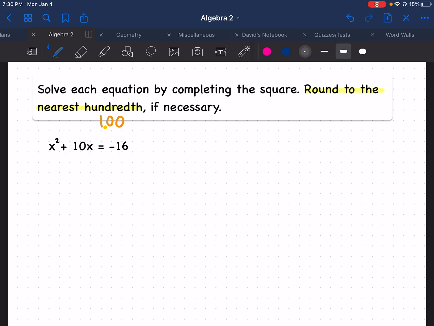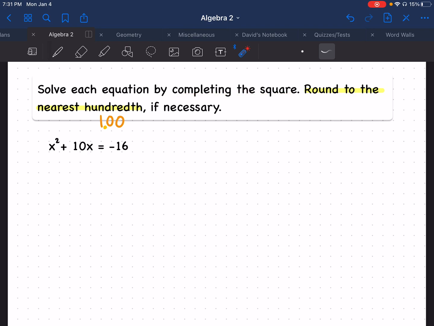All right. So to be able to solve, we need to be very careful. Remember, this is what this side should look like. And this right here is not c. I'm not going to move this over. I'm not going to try to factor, and I'm just doing that because they are asking me to solve by completing the square.